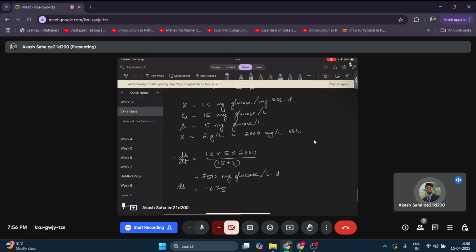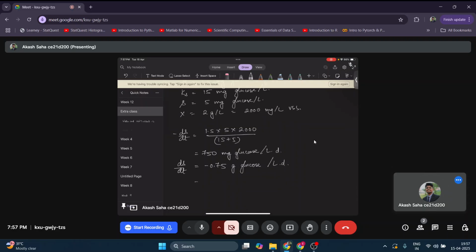So my ds by dt will be equal to minus 0.75 gram of glucose per liter day, or minus 0.75 kg glucose per meter cube day. And this negative sign is because glucose concentration is decreasing with time.